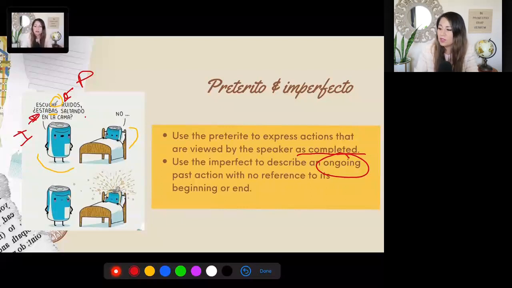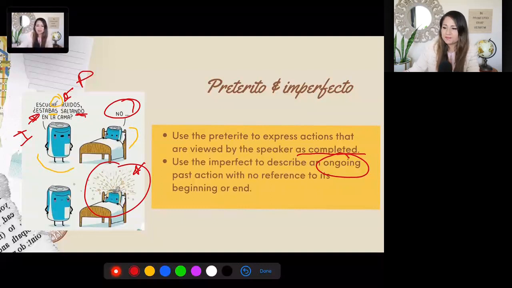Estaba saltando. Saltando has the ing ending, so in progress. Saltar means to jump. So estaba saltando. Were you jumping on the bed? And the little kid says no, but he was lying because obviously he was jumping. Él estaba saltando.